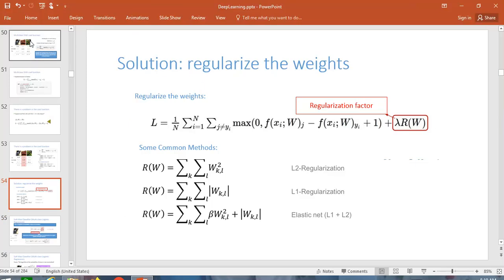Another way to combine these two norms is to use elastic net. These are not very different from each other. It is only important not to allow the w's to become too large and thus increase the generalizability.